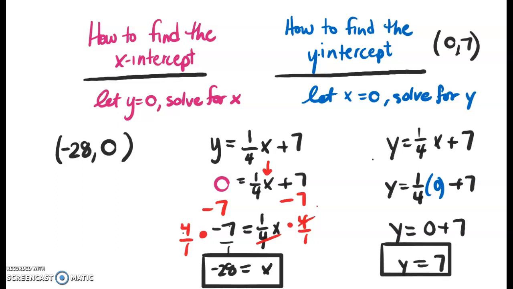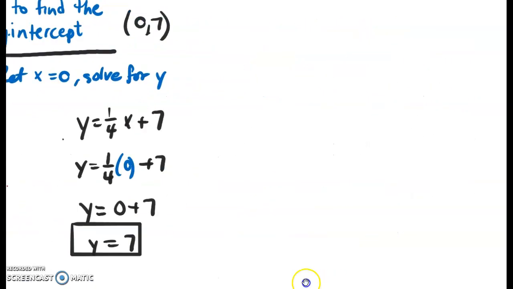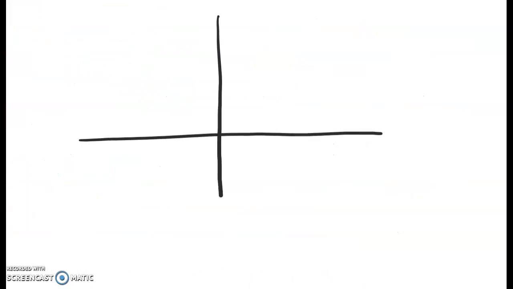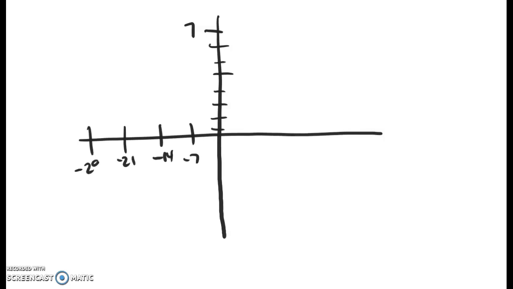And then what I could do is graph those 2 points. So let's say that's 7, and let's say this is -28.